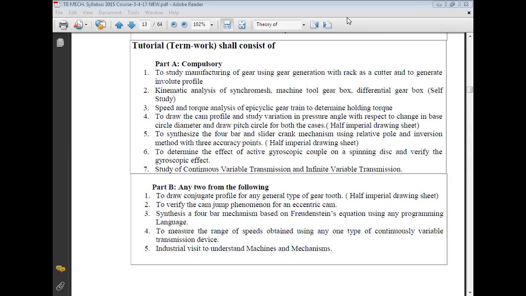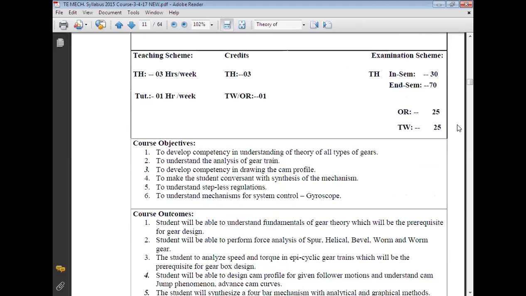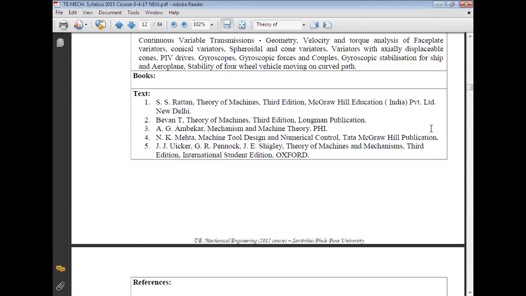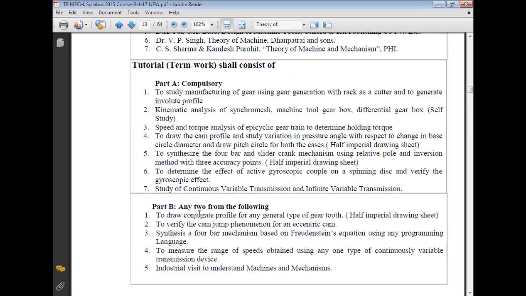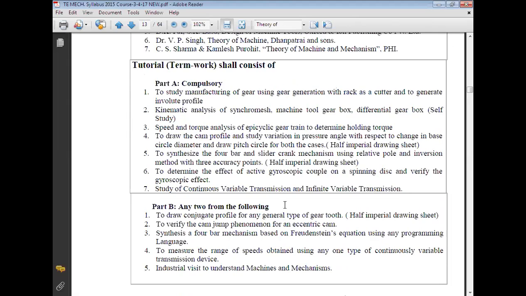In the oral examination you are going to face an oral examination of 25 marks. So a 25 marks oral examination is there and term work of 25 marks. So along with the 6 units you are supposed to go through this term work portion also.